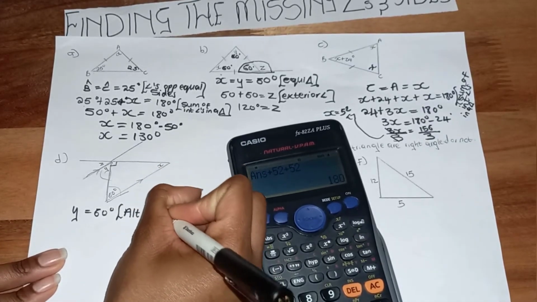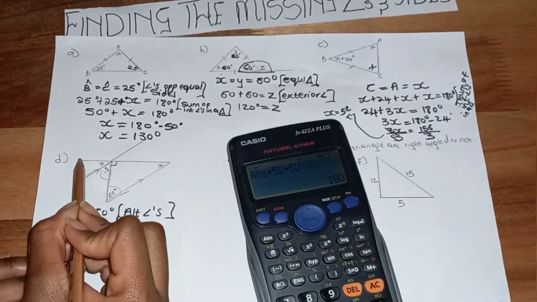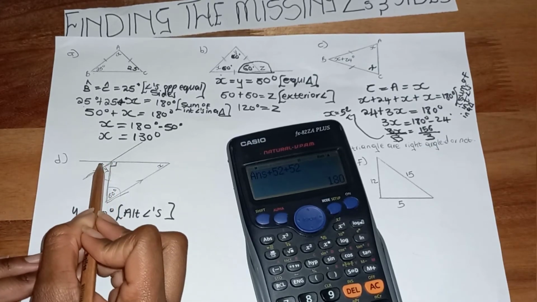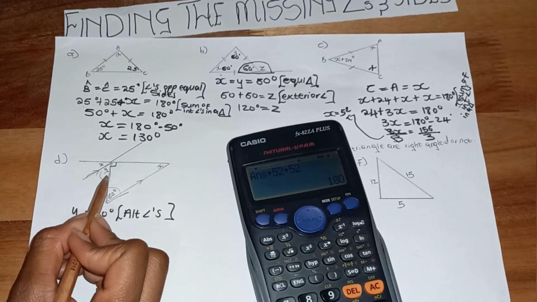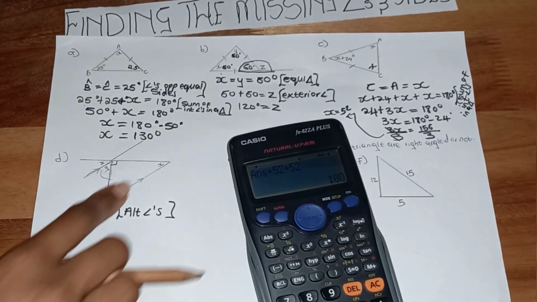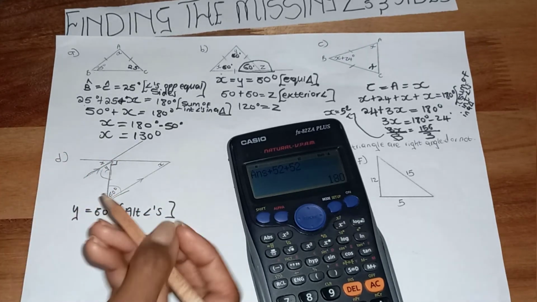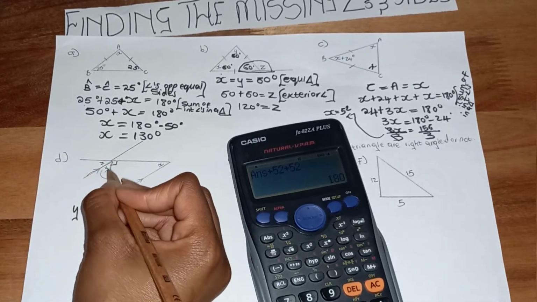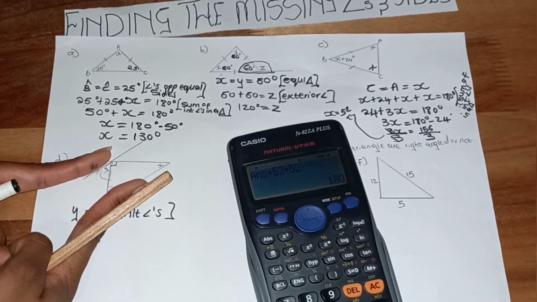Alternate angles. Realize one thing: you cannot say your Z starts from this upper line of angle Z, because this line is not within the parallel lines. It is the transversal from the other side, so you cannot include it here. This Z has to be within the parallel lines.